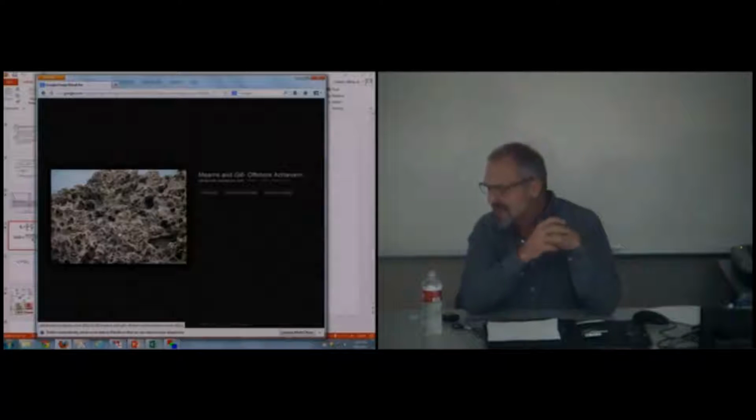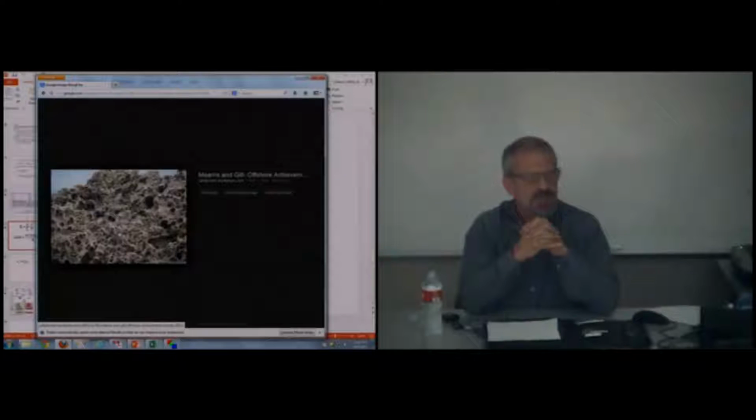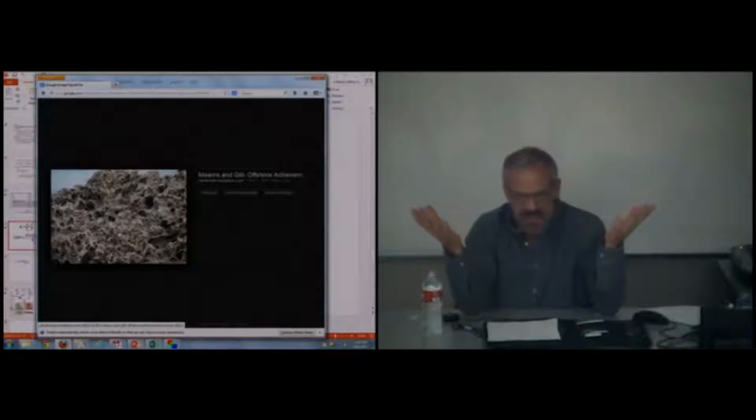Now, there's almost always another fluid in there. I usually call it connate water or water, but there's a water saturation in addition to the gas saturation. Typical gas saturations are 20, 25, 30%.